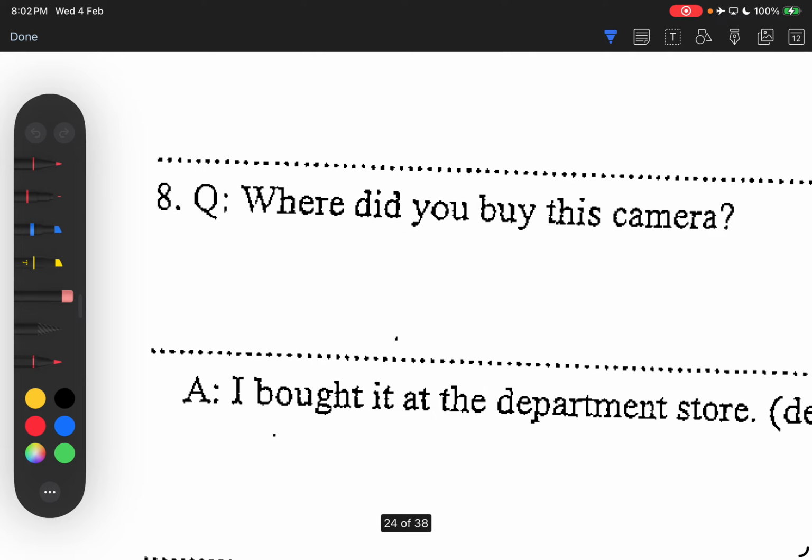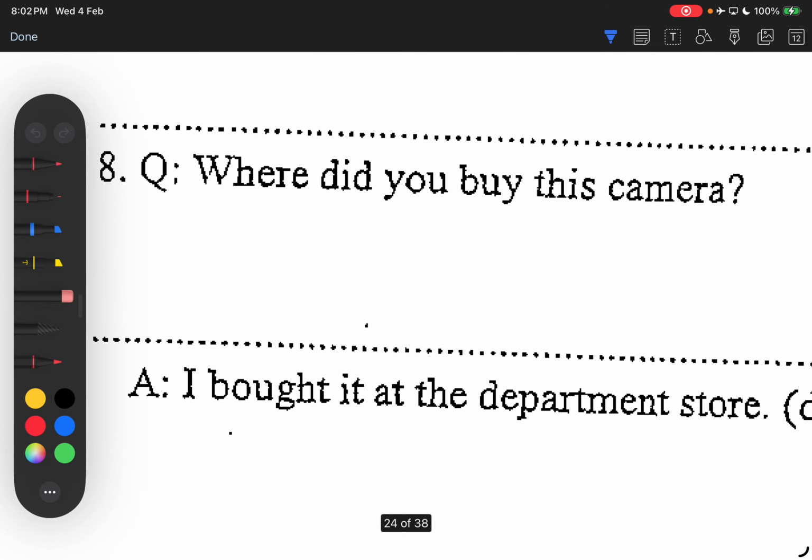Okay, where did you buy this camera? Yes, Jingfeng. どこでカメラを買いますか。Okay, good. どこでカメラを買いましたか? Past tense. このカメラはどこで買いますか? Also can. So your one is also can, right?